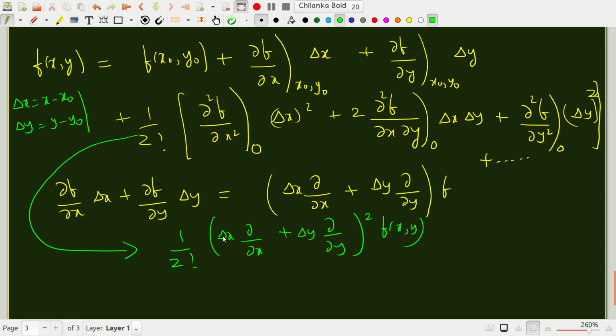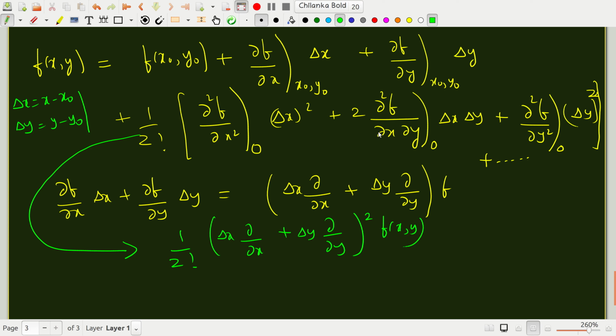Why? Because if I expand this square, the first term will be this squared, this term will be this squared plus 2ab, which is 2 times partial by partial x and partial by partial y of f, which is the second mixed derivative.